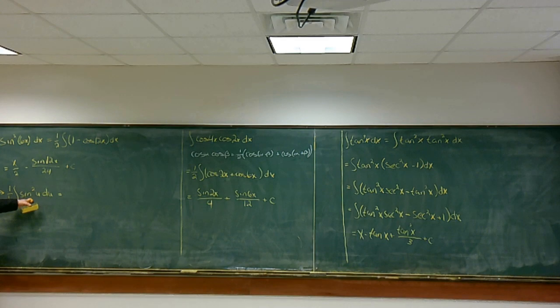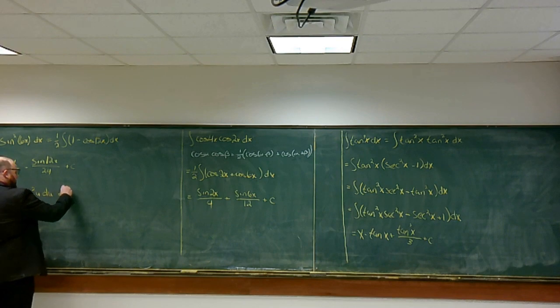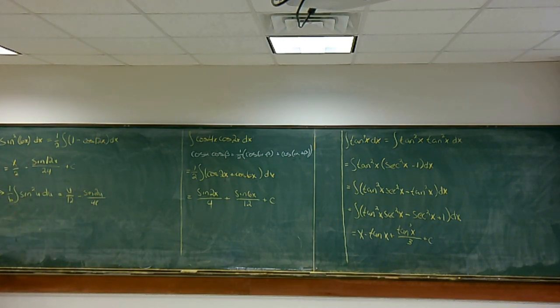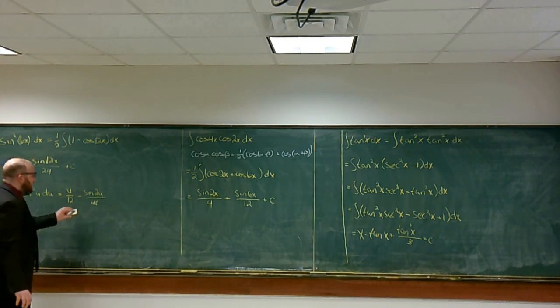Right, that was the first problem we did tonight. All that times 6. U over 12 minus sine 2u over 48. No. 6 times 4 is 24, not 48.